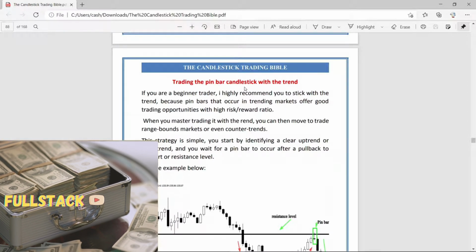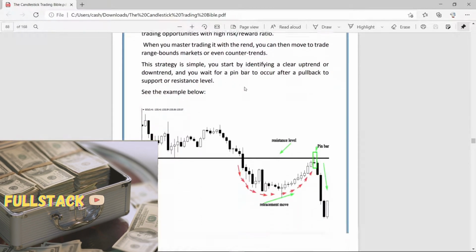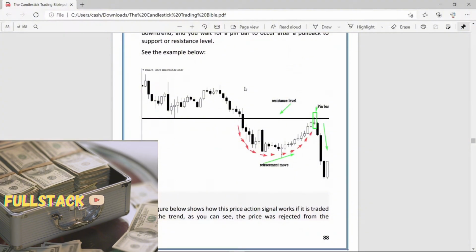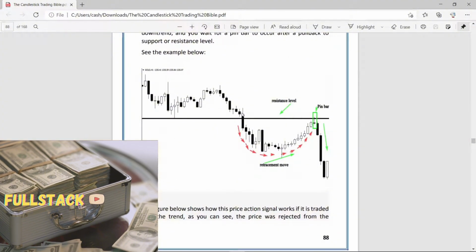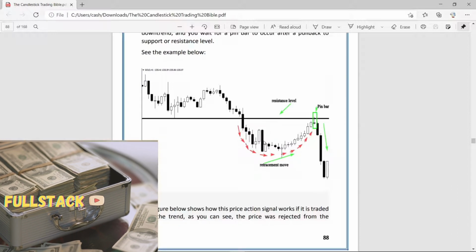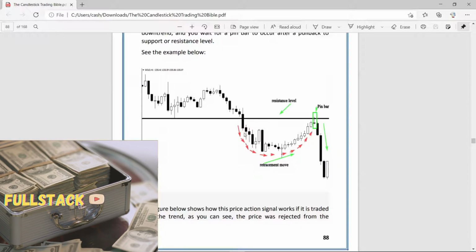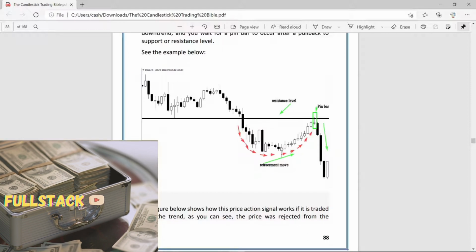The strategy is simple. You start by identifying a clear uptrend or downtrend, and you wait for the pin bar to occur after a pullback to a support or resistance level. So let's see the example below. As you can see, price closed below support, a strong bearish candle. It continued downwards, but it was slowly beginning to lose that momentum, that volume. The candles started to get smaller and smaller, and eventually it flipped bullish and started retracing.